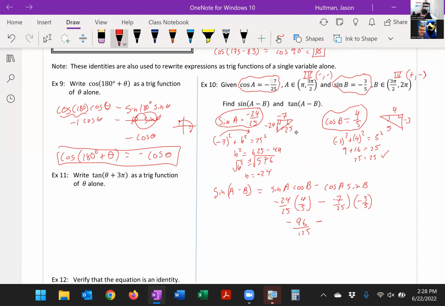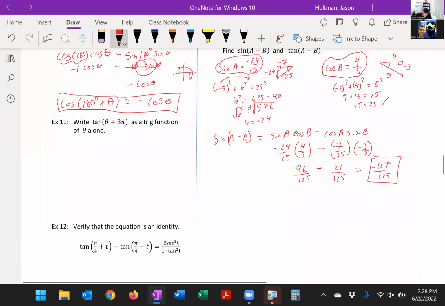That's going to make a negative. Okay, and that's just going to be 21 over 125. So I'm going to subtract that. Negative 96 minus 21 is negative 117 over 125. So negative 117 over 125. Okay, so that was the sine of A minus B.